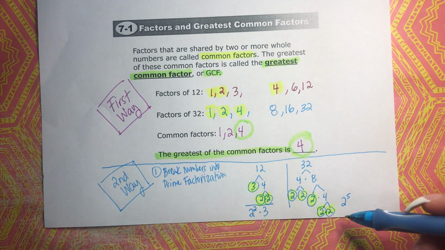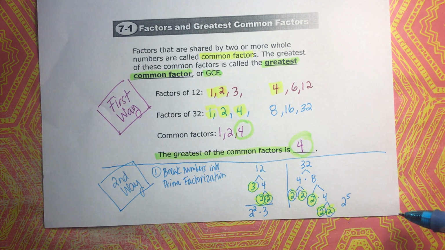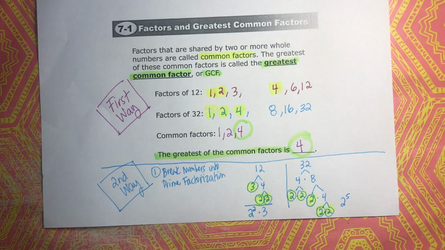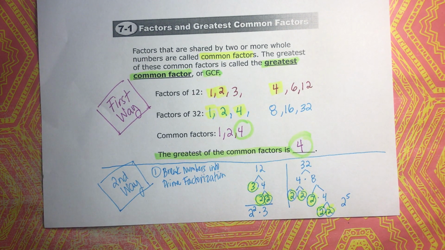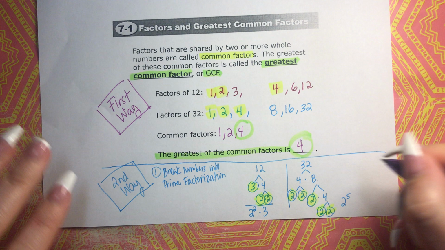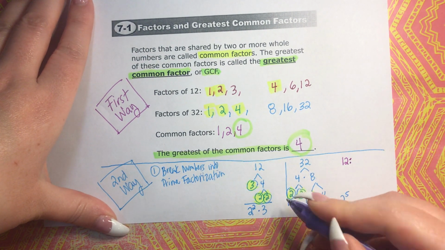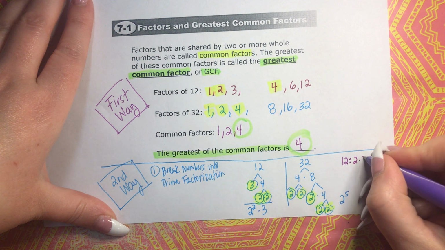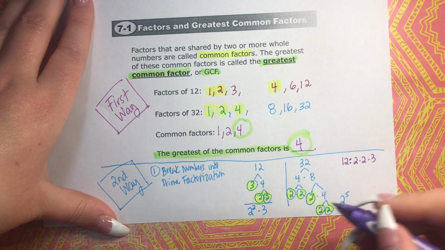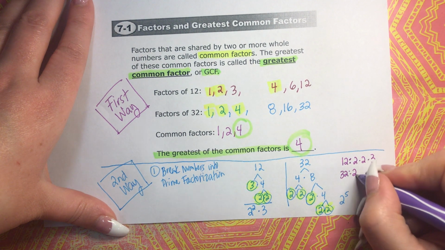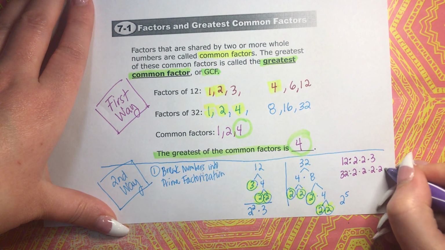Now, how you find the GCF is out of the prime factors, you see which ones are in common. So I'm going to write 12. 12 is the same thing as 2 times 2 times 3, and 32 is the same thing as 2 times 2 times 2 times 2 times 2.